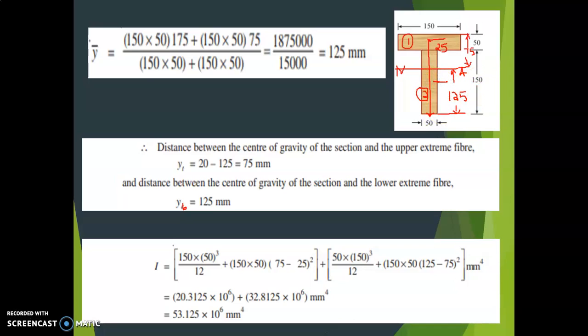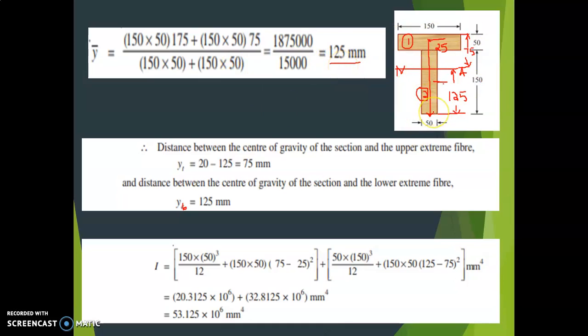So that is equal to y2, 150 divided by 2, that is 75. So divided by a1 plus a2, 150 into 50 plus 150 into 50. So you get y is equal to 125 mm.